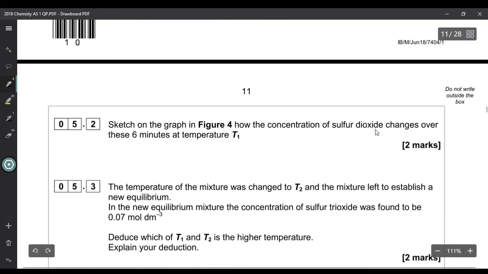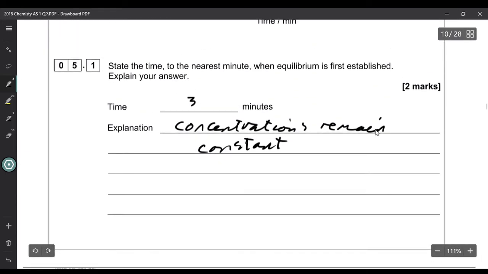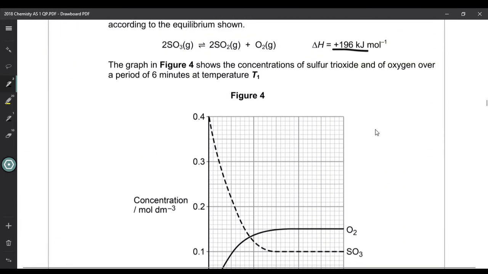So part 2 says sketch on the graph how the concentration of the sulfur dioxide changes over the 6 minutes. If we have a look at the equation again, we can see that for every molecule of sulfur trioxide that is used, we get 1 molecule of sulfur dioxide.